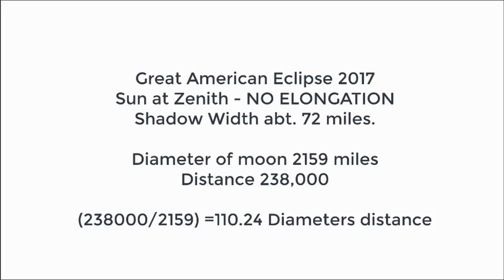You take 238,000 miles and divide it by 2,159, and that means that the moon supposedly is 110.24 diameters distance from the Earth at the time of the eclipse. In other words, the moon cast its shadow 110.24 times its diameter distance to the Earth.